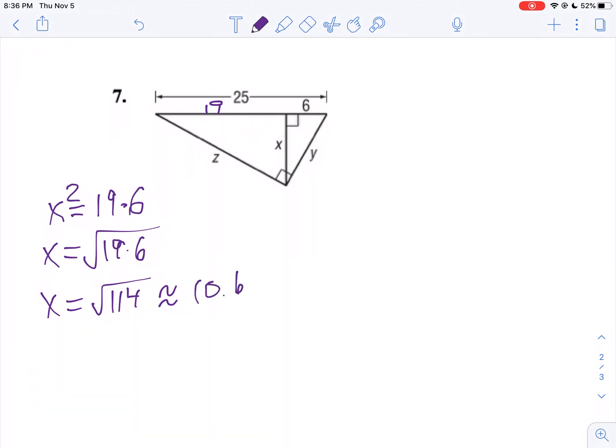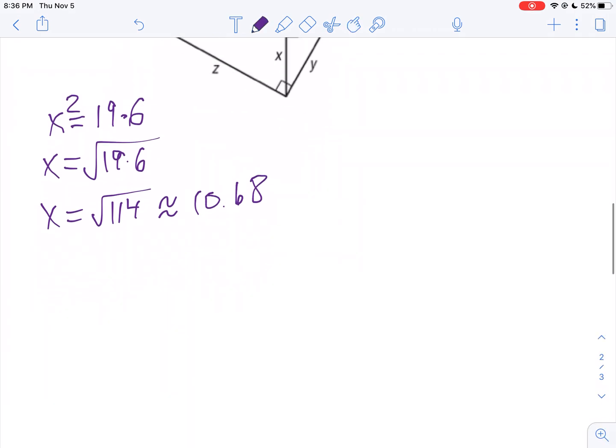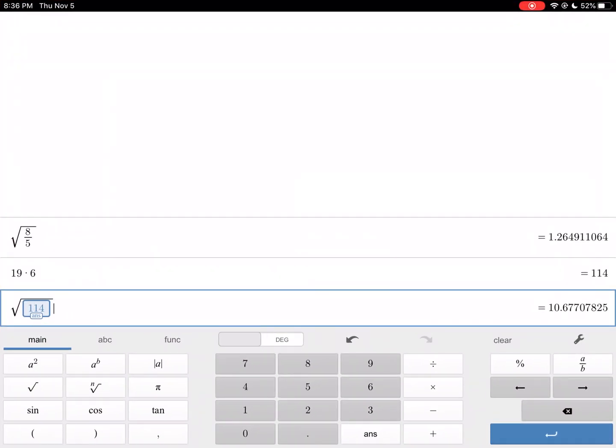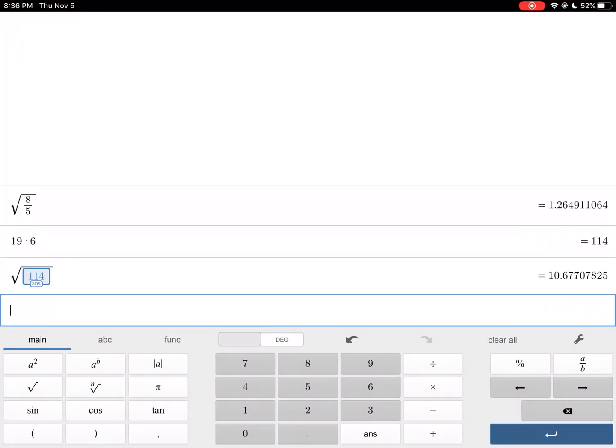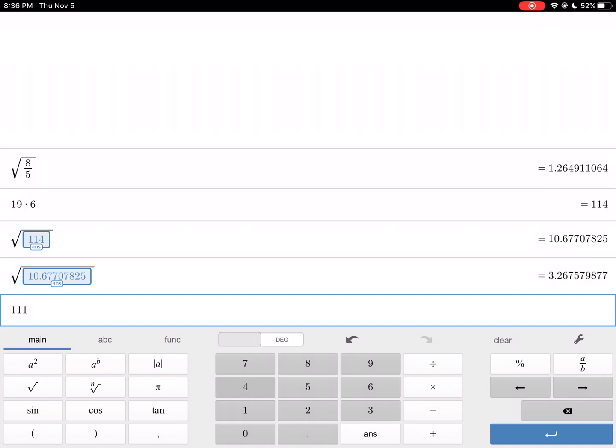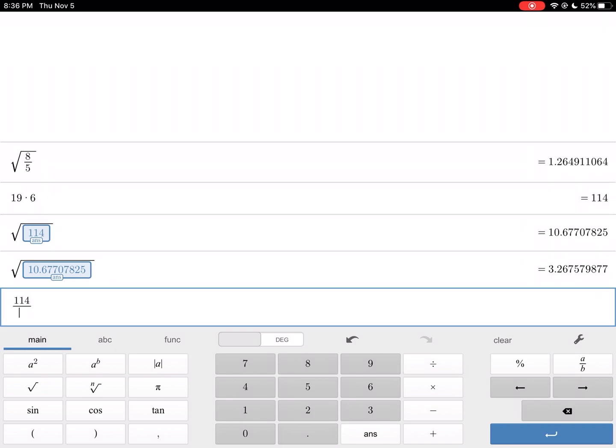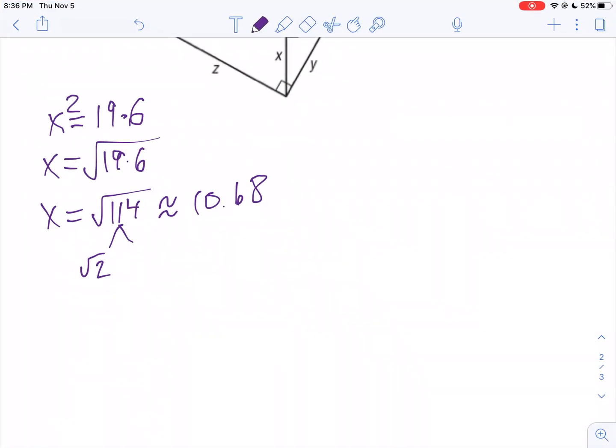I wonder if I can simplify that. Because if I take 114 and I divide it by 2, well, that's 57. You can't simplify that anymore.